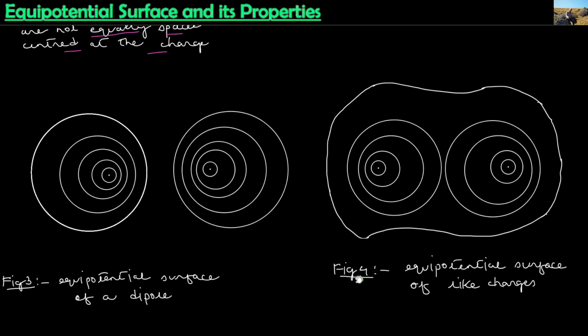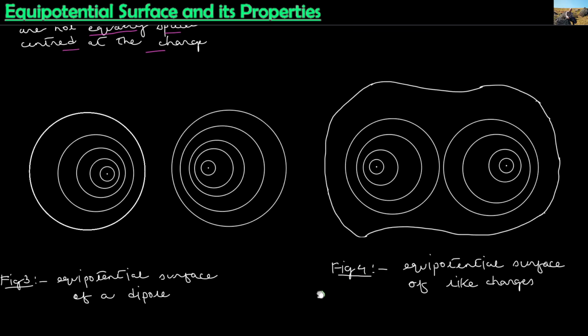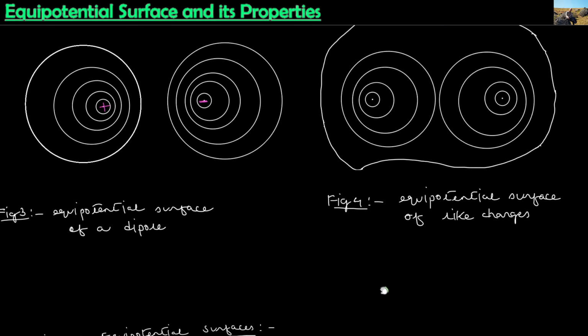Now for a dipole and a system of charges, like charges or unlike charges, the representation of equipotential surface differs. If I consider a dipole, this charge I will take as positive and this charge will be negative.